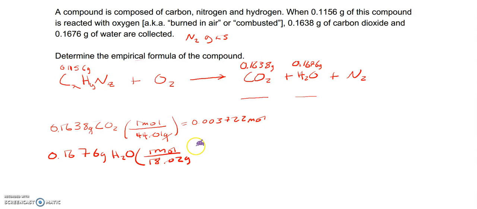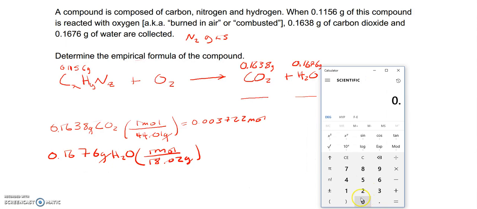That's the molar mass. I don't know why it likes to make little connections here with the scribble tool, but we'll have to deal with it. Grams cancel out. So let's do that math. 0.1676 divided by 18.02.